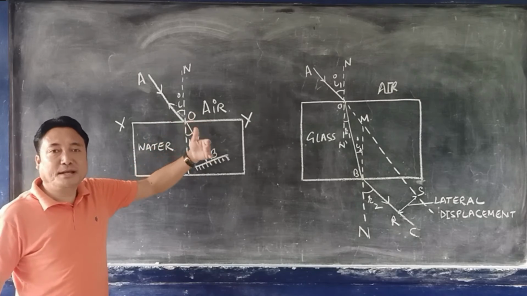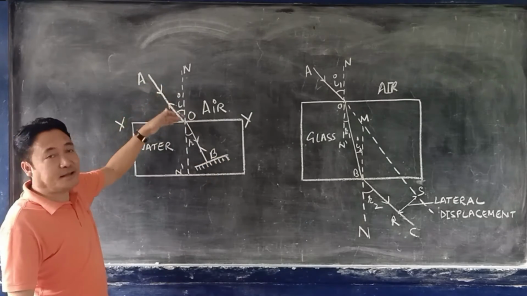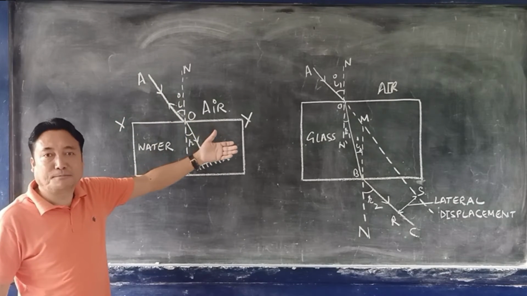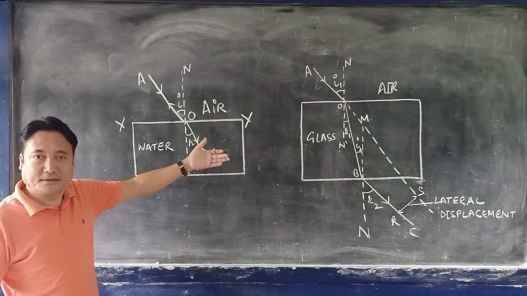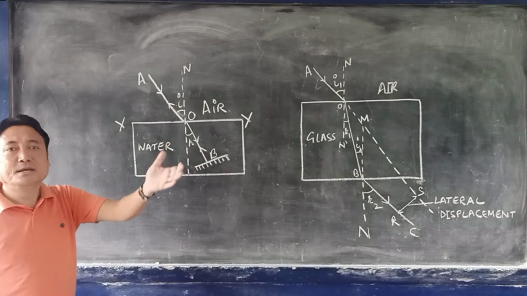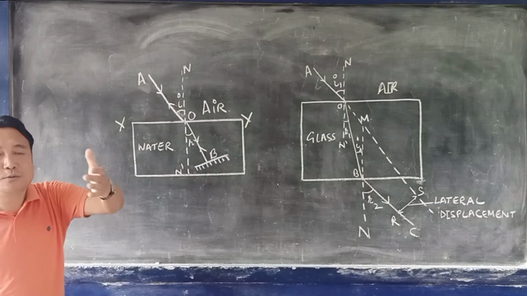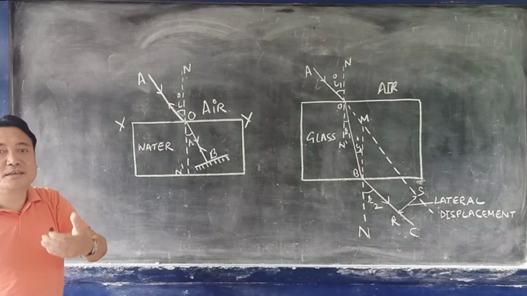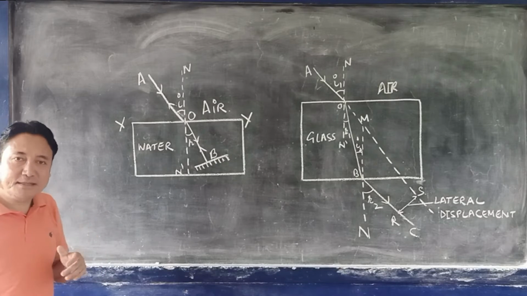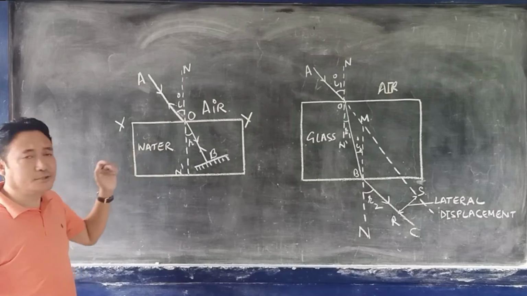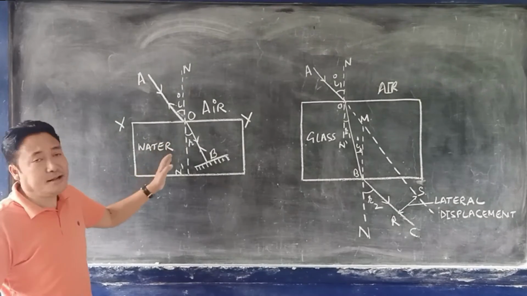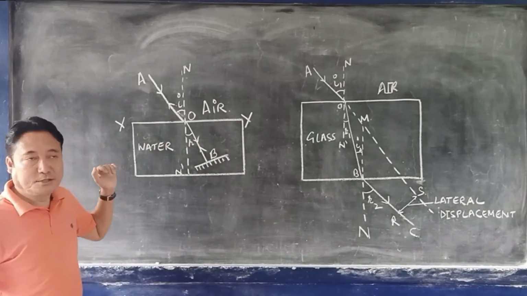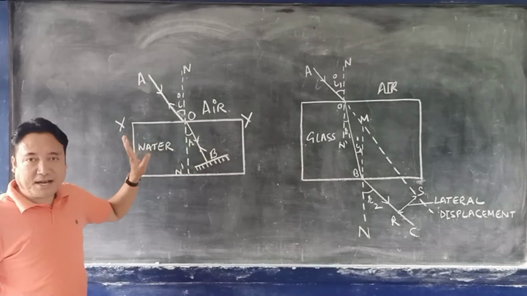Because the speed of light in water is less compared to the speed of light in air. The speed of light in air is more. Once it enters the water, the speed of light decreases, and therefore bending of light takes place, closer to the normal. So OB is the refracted ray.